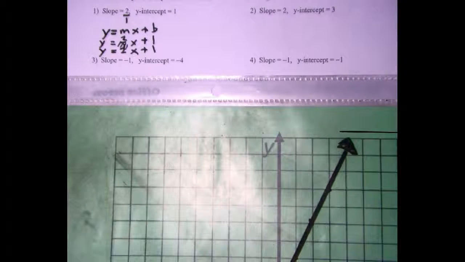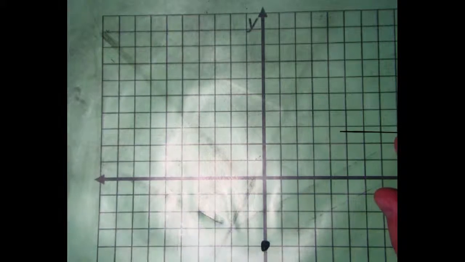Okay. Not too bad. Let's try number, go ahead and erase that line. Let's do number 3. Go ahead and graph the y-intercept. This time the y-intercept is -4. So down 1, 2, 3, 4. And the slope is -1.